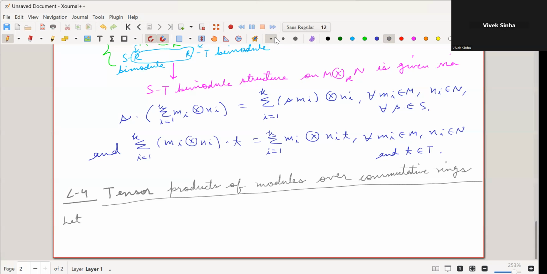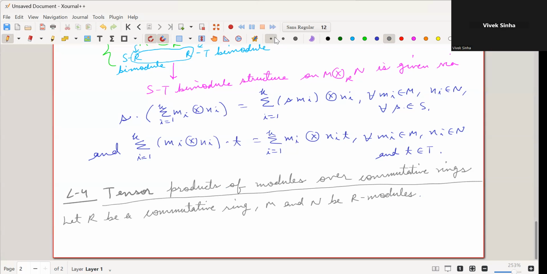Let R be a commutative ring, and M and N be R modules. Since it is a commutative ring, they are left modules as well as right modules because it will commute, right?